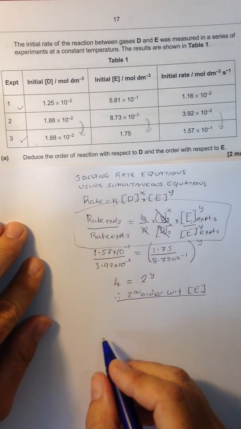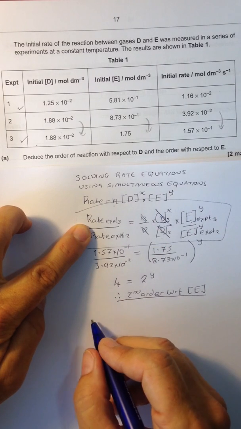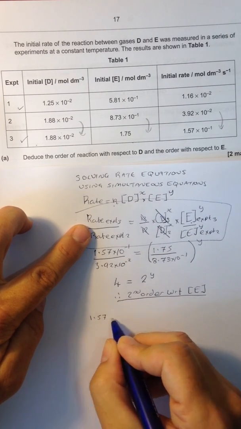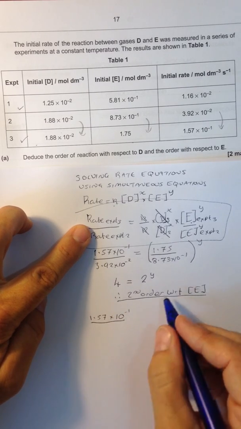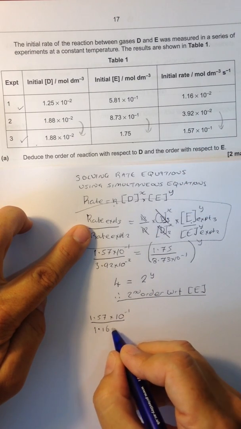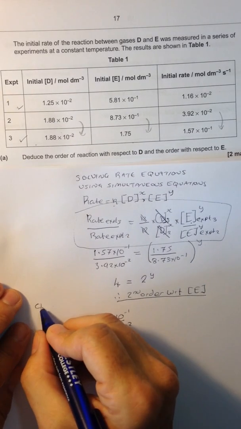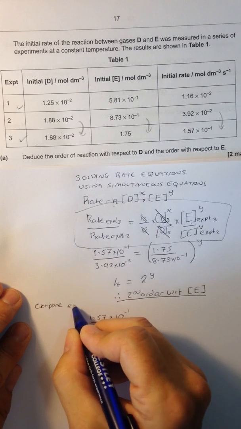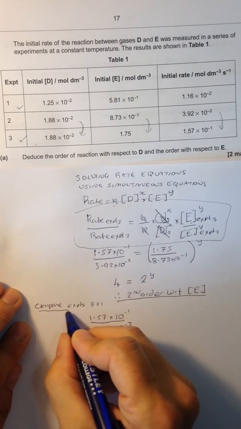So the rate in experiment 3 is 1.57 times 10 to the minus 1, and the rate in experiment 1 is 1.16 times 10 to the minus 2. Let's just remind ourselves, so we're going to compare experiments, just in case I forget, 3 and 1.